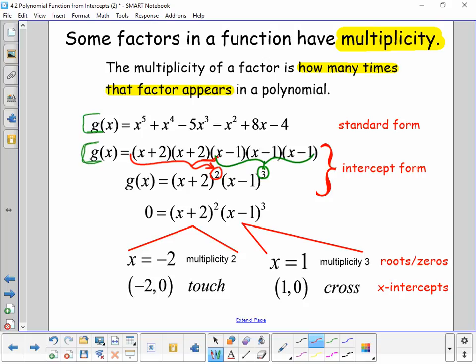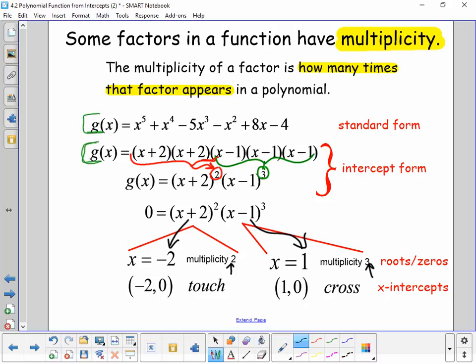So using the exponents is just a way of writing it a little bit like shorthand. If we were solving for the zeros of that function, we're wondering when (x+2)^2 times (x-1)^3 would equal 0. Well, there really are only two solutions, -2 and +1, but they have multiplicity. So this first solution has multiplicity 2 and the second has multiplicity 3.